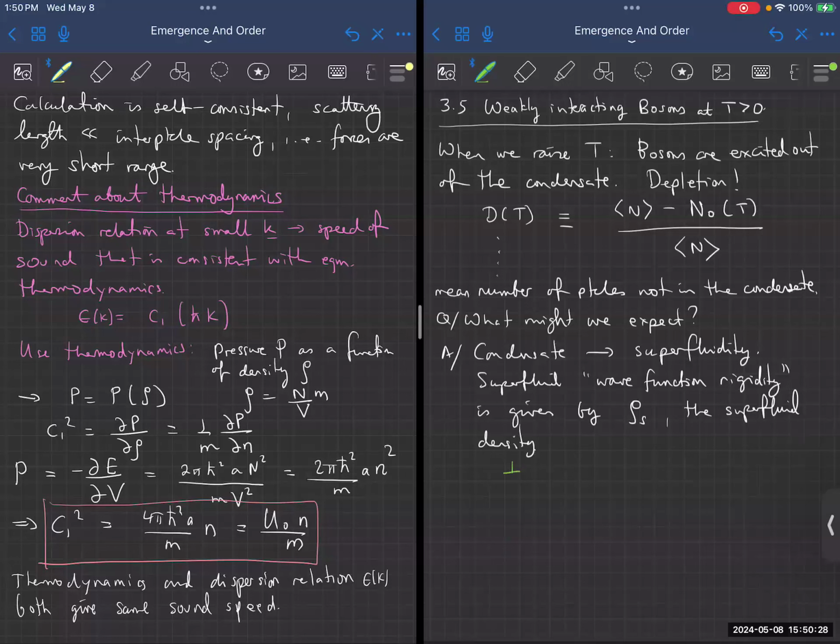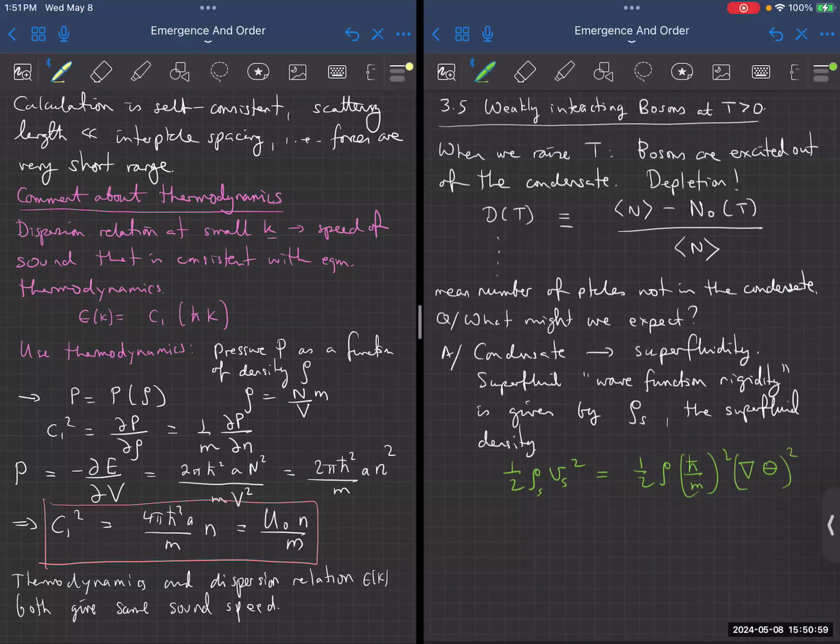Well, if I think of the kinetic energy of the superfluid velocity, that's a half rho vs squared, and that is 1/2 rho times h bar over m squared, gradient of the phase of the wave function squared.